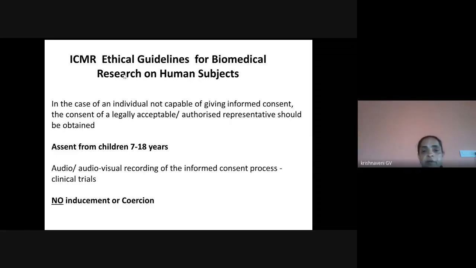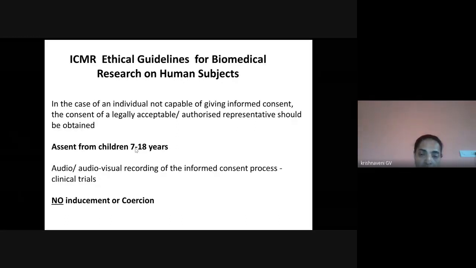Especially in case of children, if they are between 7 and 18 years of age, the consent can be given by the parents or the guardian if the parents are not present. But we should also take what is called assent from children. Assent is not a legal document, it is not like informed consent, but you should still ask children, see, this is the research we are doing, we'll do these things on you.